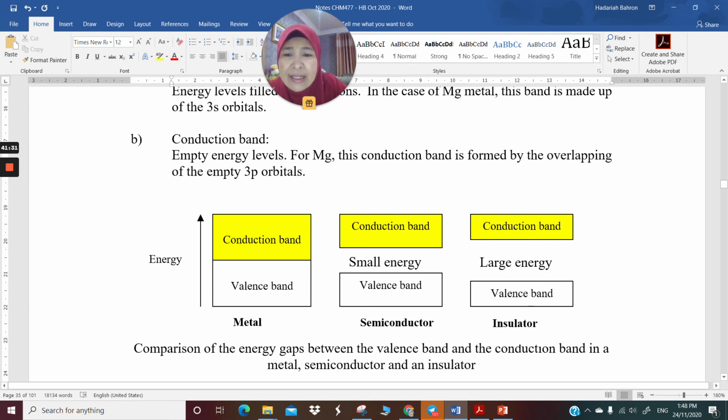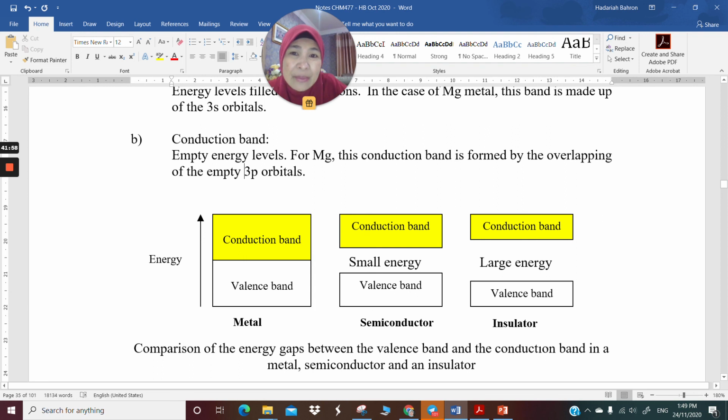This is like a small road that is filled with cars, and this is like an empty highway. So these electrons can go to these empty bands and move, because there is no energy gap between the valence band and the conduction band. That is why metals are good electrical conductors.